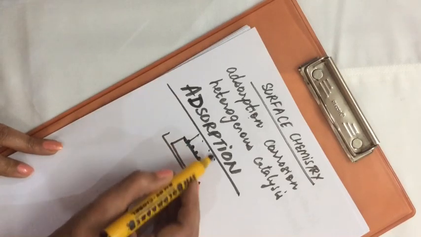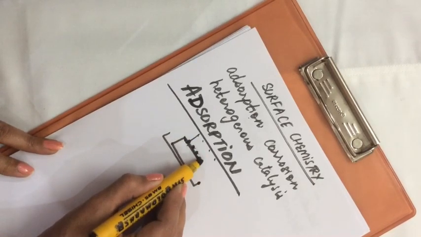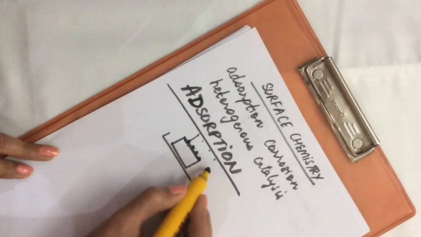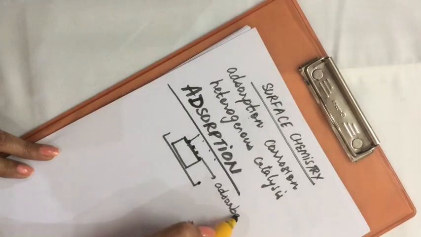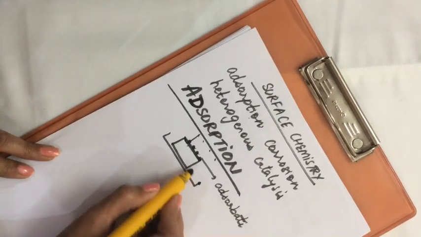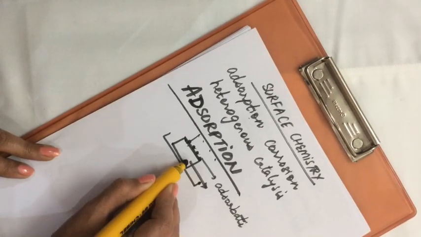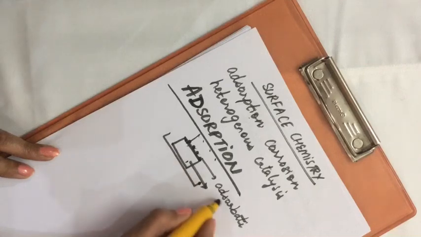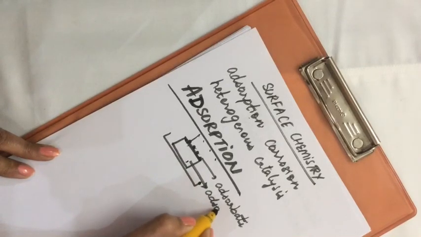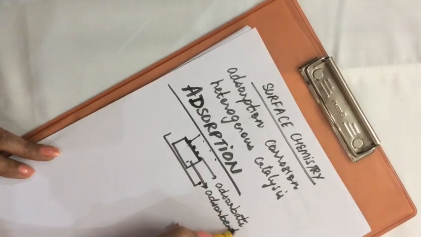The substances which are adsorbed on the surface are called adsorbate, and the substance on the surface of which the adsorbate is sticking is known as adsorbent.